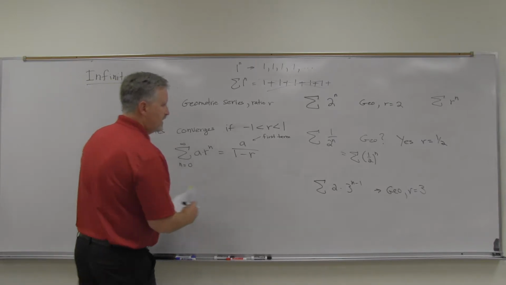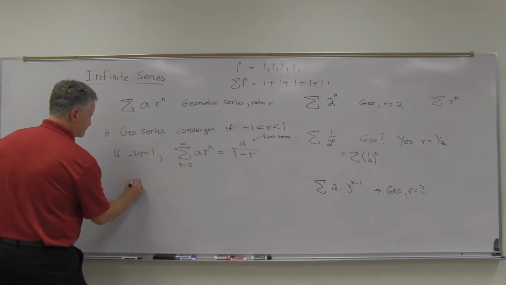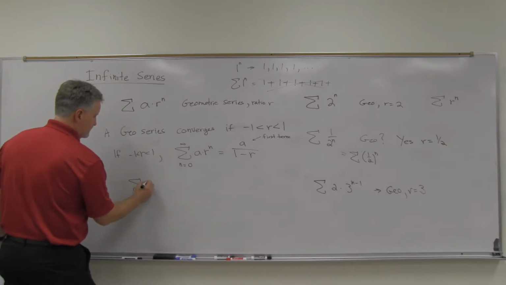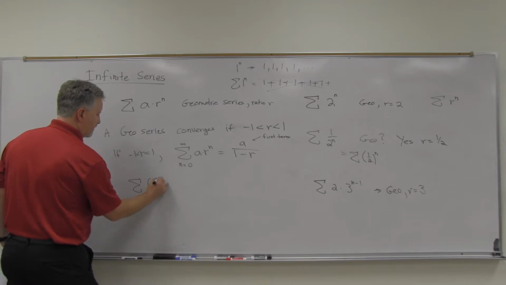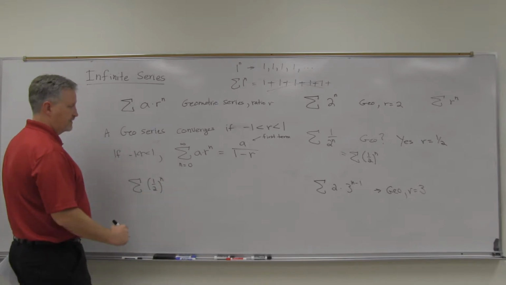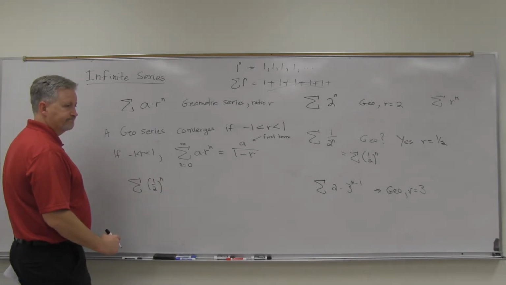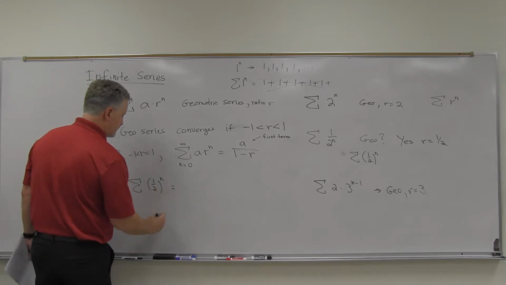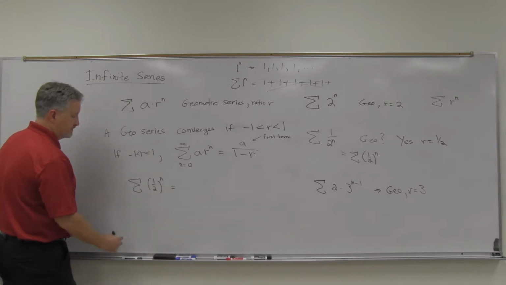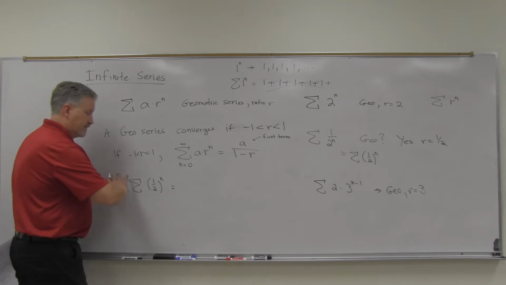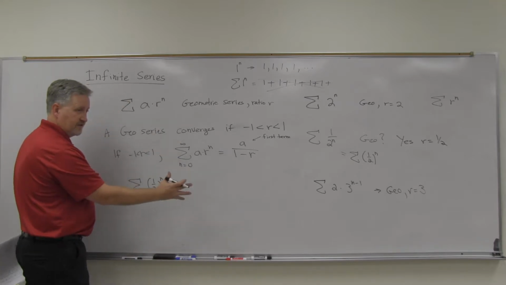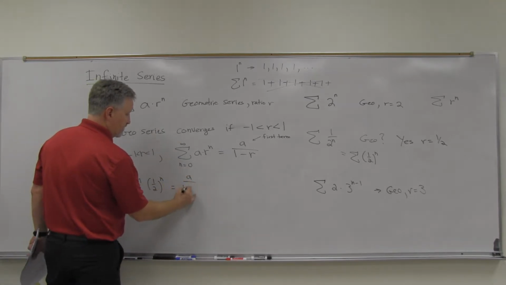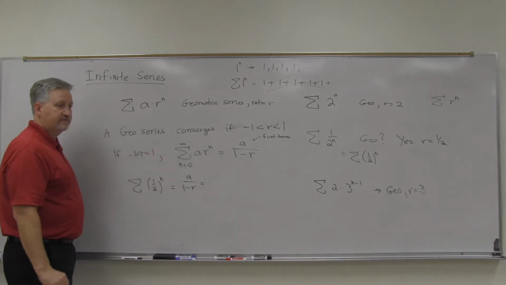So in other words, if we go back to that 1/2 to the nth power, geometric, R equals 1/2. What this series converges to is A over 1 minus R. Well, what is that equal to?